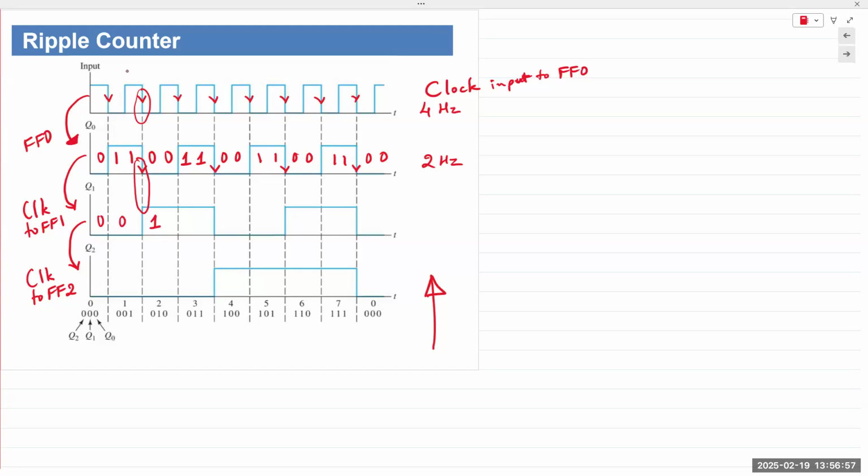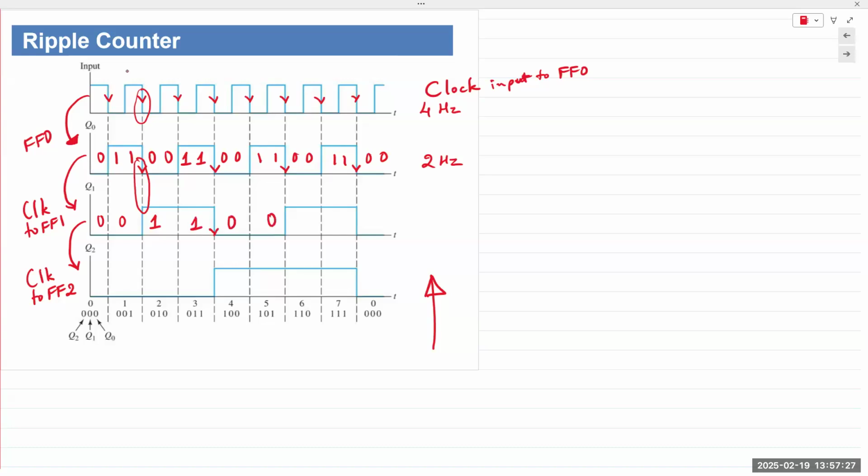The output of each flip-flop is used as the clock for the next one. Each one of them is negative edge triggered. So each flip-flop will not toggle until the previous flip-flop's output goes from high to low. For each subsequent flip-flop, we try to find the negative edge.